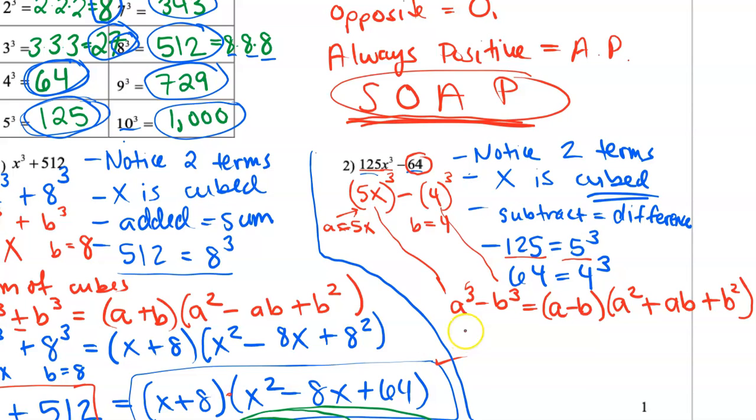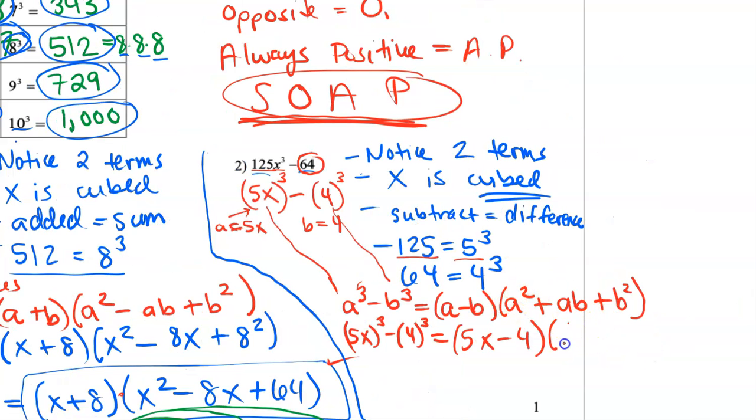So then we would say, 5x cubed minus 4 cubed would be a minus b. A is 5x, b is 4. So it would be 5x minus 4. A squared, that would be 5x squared, because remember, in this particular situation, the first term cubed was 5x cubed.